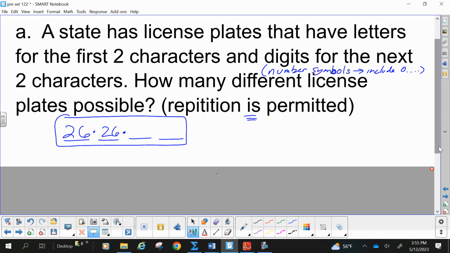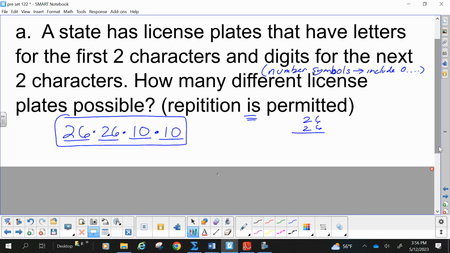After that, we're talking digits. So 0, 1, 2, 3, 4, 5, 6, 7, 8, or 9. That is 10 choices. And again, because repetition is permitted, I could use a number twice, like 3, 3 or 4, 4. And I still have 10 choices there. So I just need to multiply 26 by 26 and add 2 zeros is the shortcut.